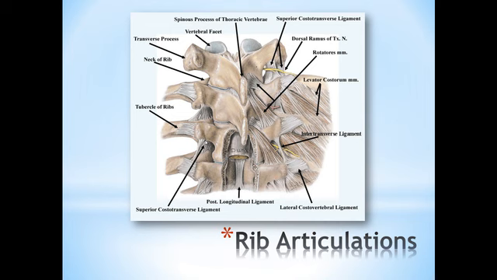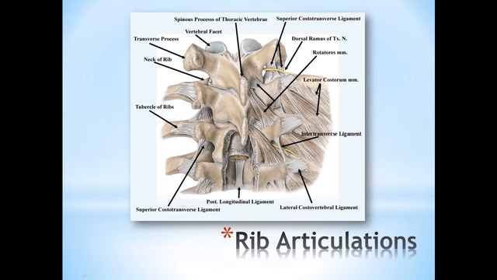Now we also have a costotransverse joint, which is also a synovial joint, and that is the articulation between the transverse process and the tubercle of the rib. The neck is between the tubercle and the articulation with the demifacets and the bodies of the vertebrae.